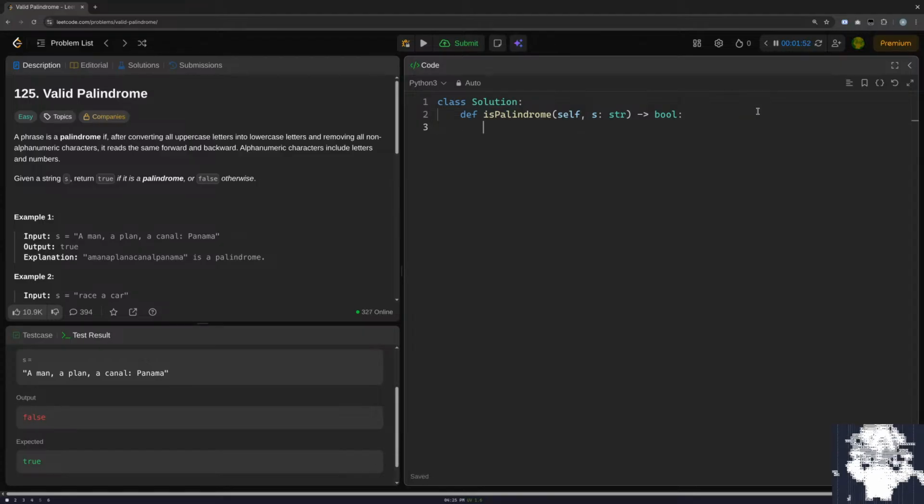We can do a two-pointer thing where i, j equals 0 and length of s minus 1.